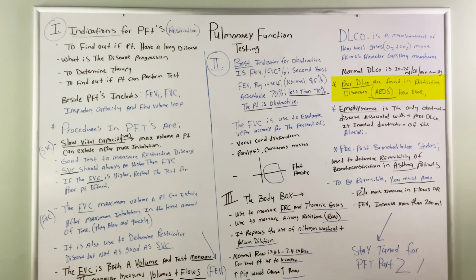I'll place emphasis right there, because you need to really understand the next information. A poor DLCO is found with restrictive diseases such as ARDS. However, emphysema is the only obstructive disease associated with a poor DLCO. Why? Because it involves destruction of the alveoli, where gas exchange takes place.